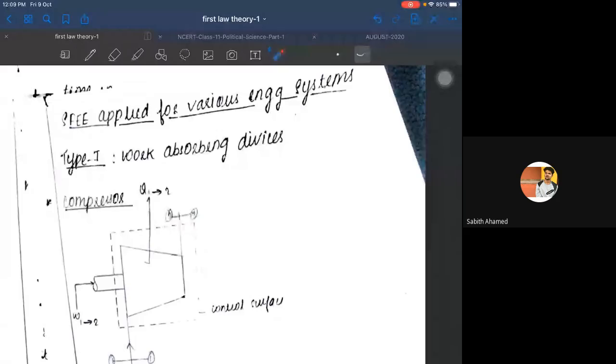There will be problems given to you on a compressor, pump, turbine, and every sort of device, and every sort of device has its own expression. So no need to remember all the final expressions. If you just remember SFEE, that's more than enough.